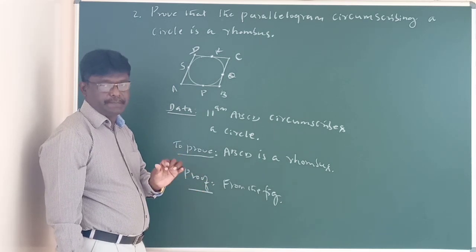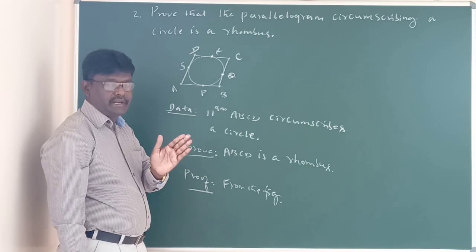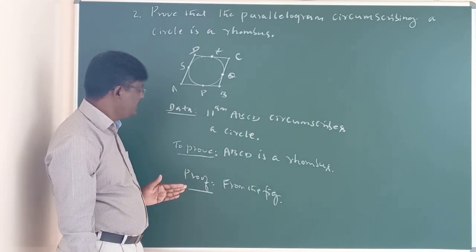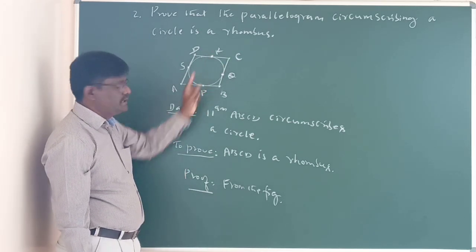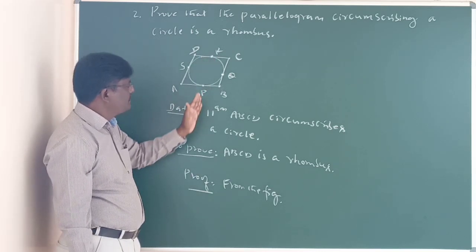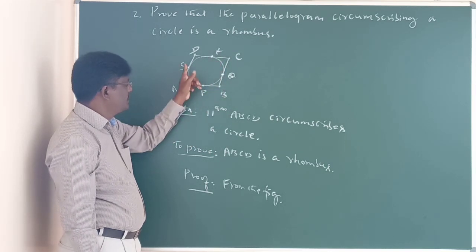Keeping that point in mind, now let us try to prove what we need. In the parallelogram, opposite sides are equal. A parallelogram can be considered a rhombus if all the sides are equal.